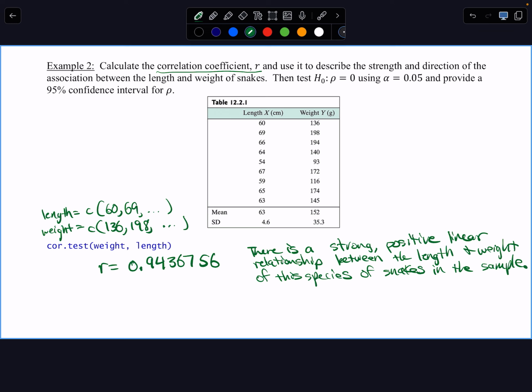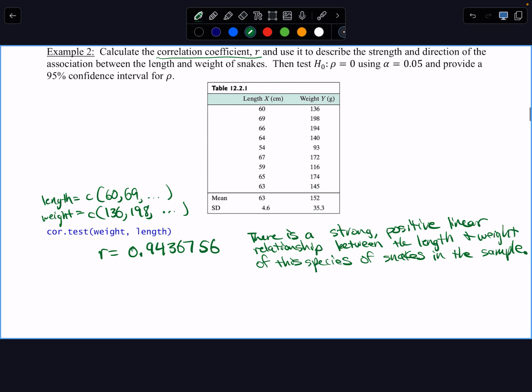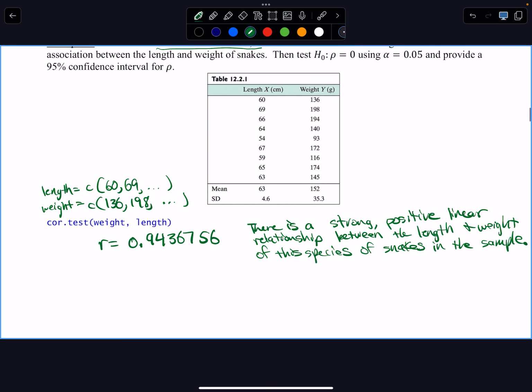Now, if I wanted to go further and do a hypothesis test, right? It says we're going to test the null hypothesis that rho equals 0 using alpha equals 0.05. So for my hypothesis test, I'm going to have rho equals 0.